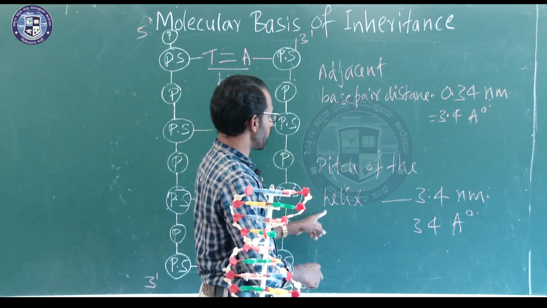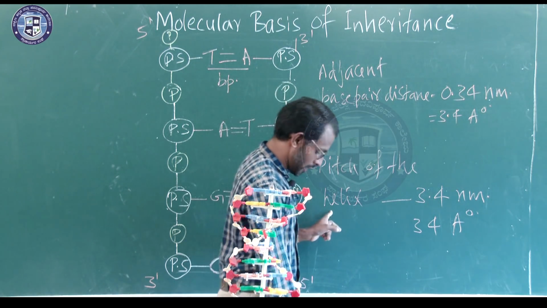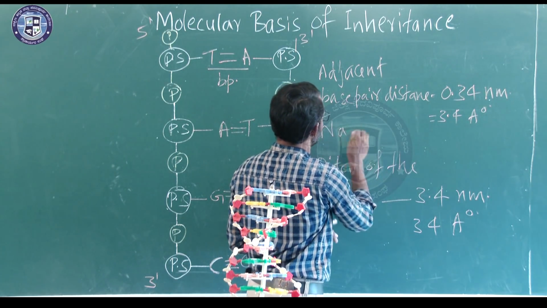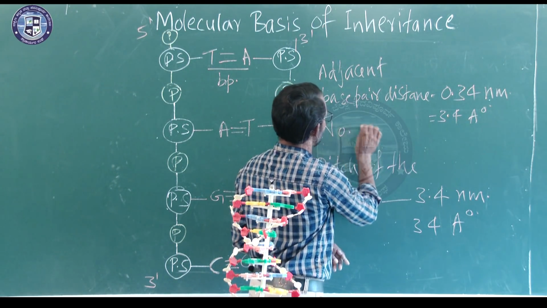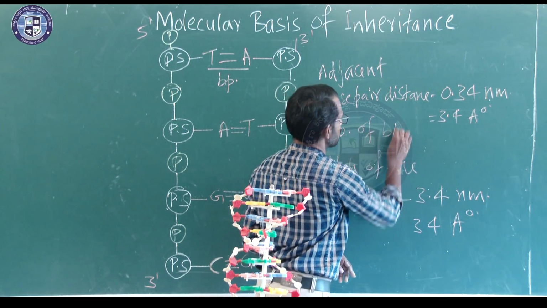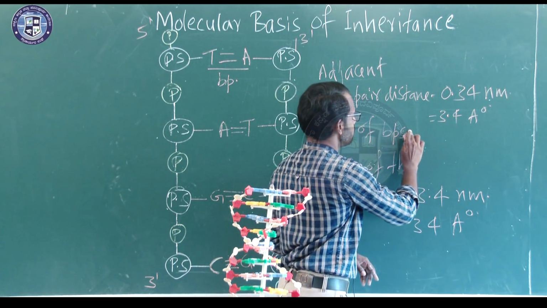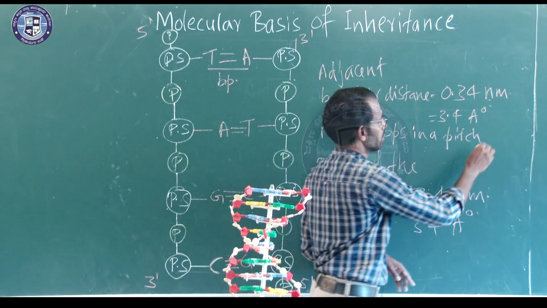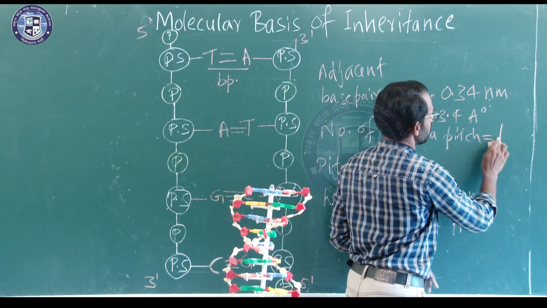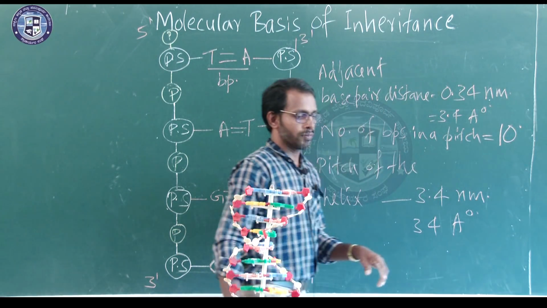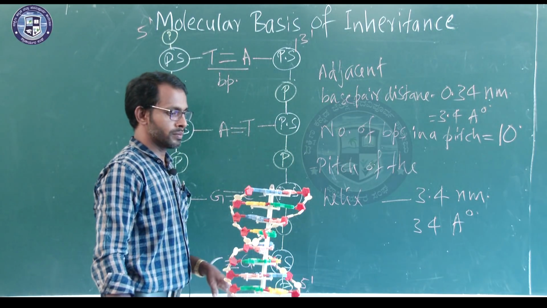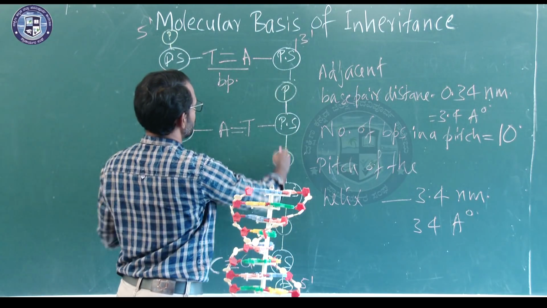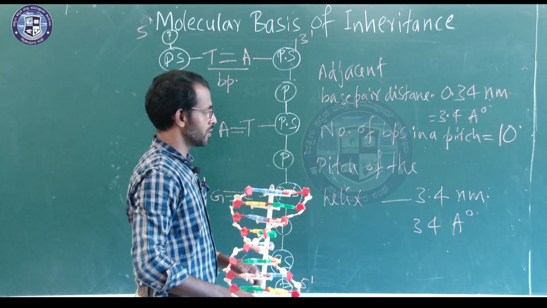Now, the number of bases after the completion of a pitch, number of base pairs in a pitch, are 10, and as I mentioned, these are anti-parallel.